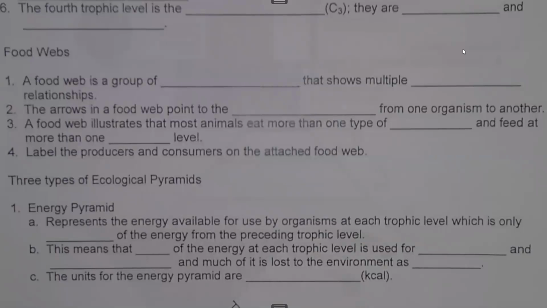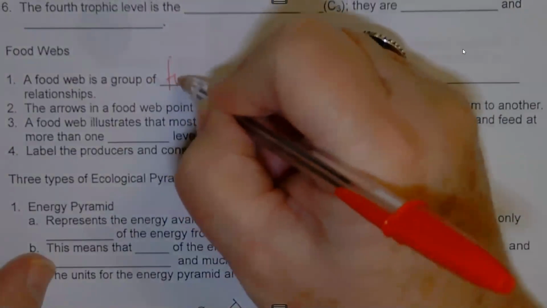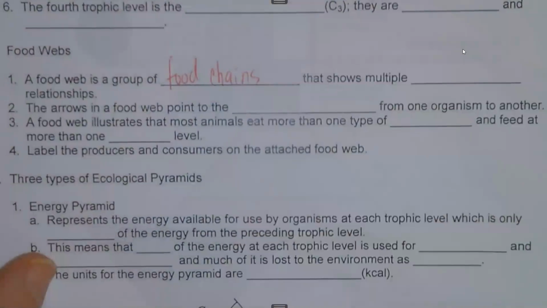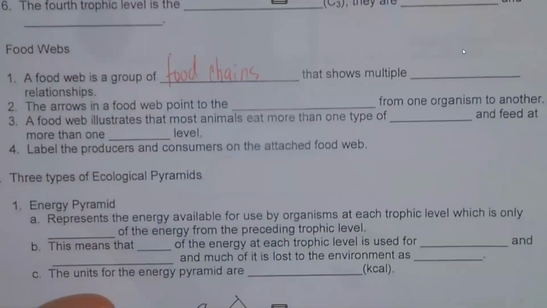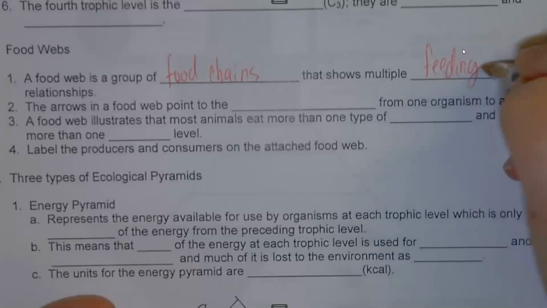All right, so we had talked about food chains, and now if you put some food chains together, you get a food web. So it's a little bit more complex, and it's going to be a little bit more realistic. So a food web is a group of food chains that shows multiple feeding relationships.